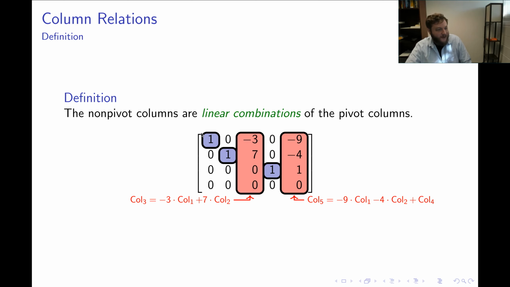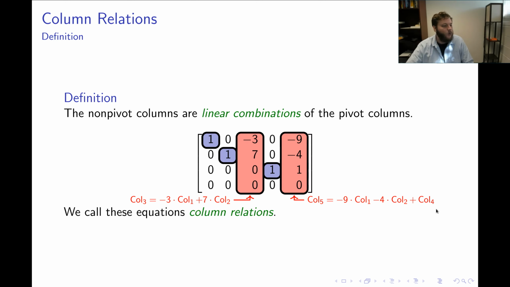So if I scale the first column by -9, the second by -4, and the third by 1, that gives me column 5. When we go through this process, I like to call these new equations column relations. The non-pivot columns can always be reached by taking linear combinations of the pivot columns.